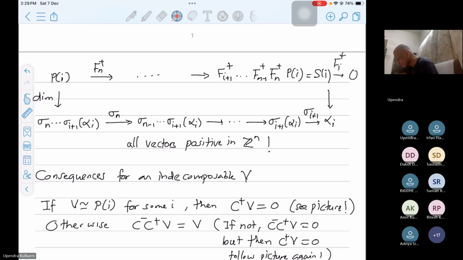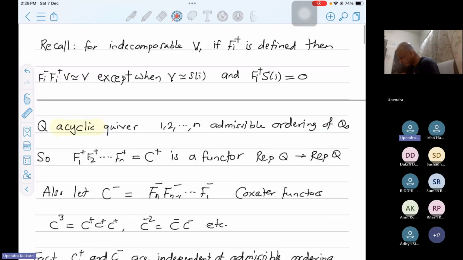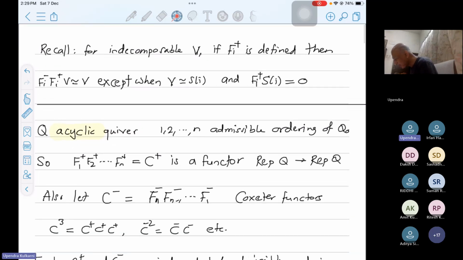Why? Because this is what we said right in the beginning. C plus and C minus are just a chain of reflection functors, so if I apply a reflection functor at any time, I either stay indecomposable or I become 0.